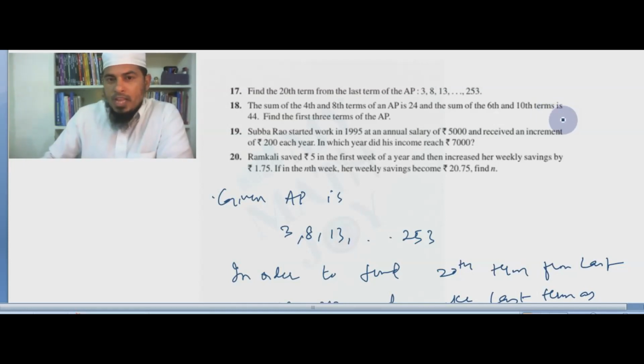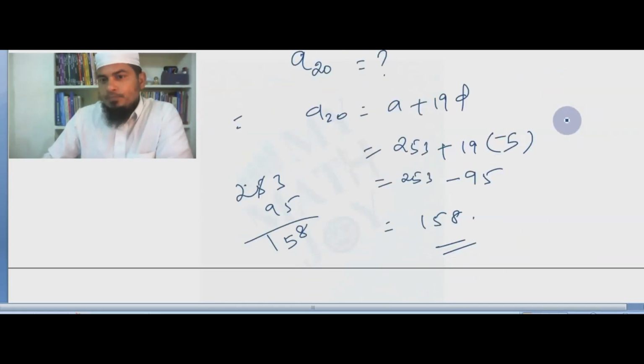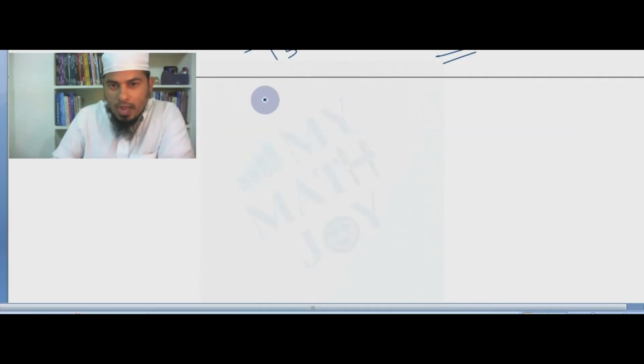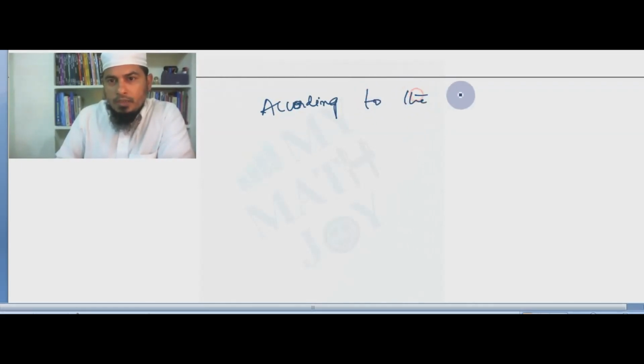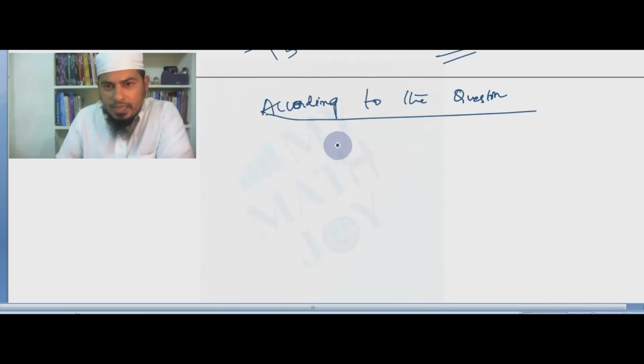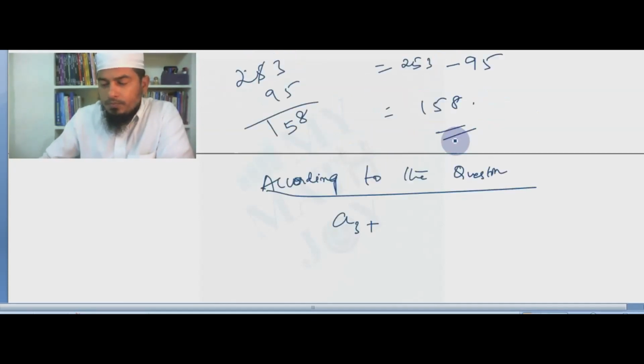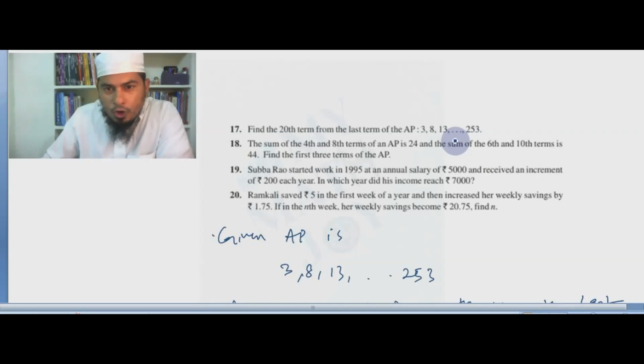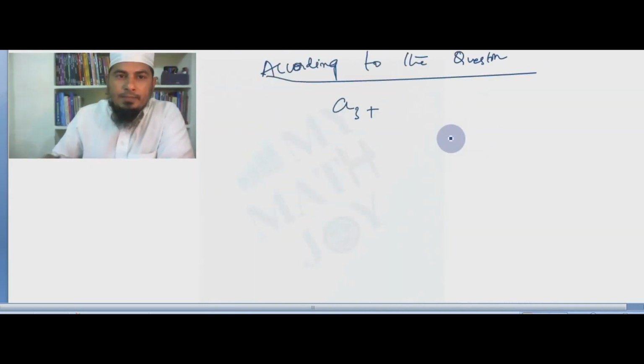According to the question, the 4th and 8th terms are given. So let us take the 4th term and the 8th term.